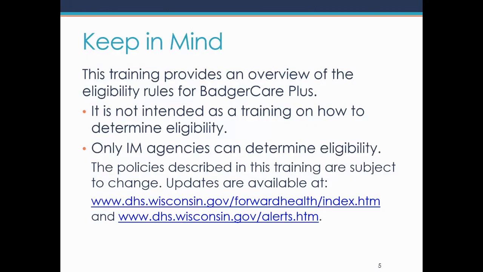The policies described in this training are subject to change, and updates are available at the links shown on this slide. The first link would take you to a page that provides links to different healthcare program information. And then the second link will take you to a page where you can sign up to receive email updates regarding DHS programs and services.